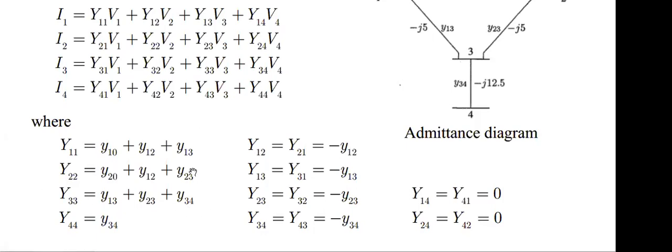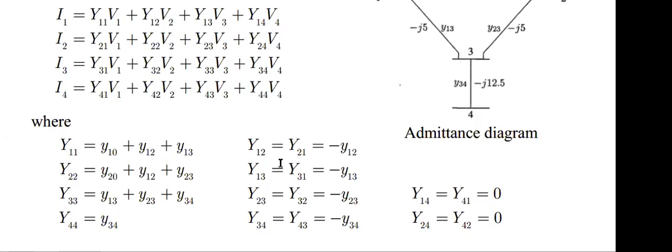That is the self-admittance or driving point admittance consideration, coefficient generation. And this is the capital Y. Remember that capital Y is the coefficient matrix, and small y is the admittance itself. So this is actually the summation of all the admittances.